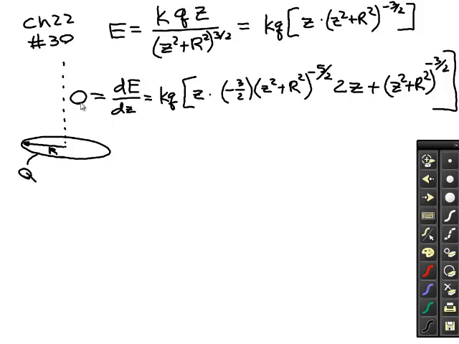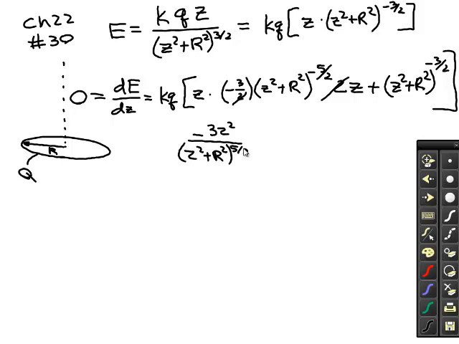All right, let's make it pretty. So lose the 2. On top, we're going to have a negative 3Z squared. On the bottom, we shall have Z squared plus R squared to the 5 halves.